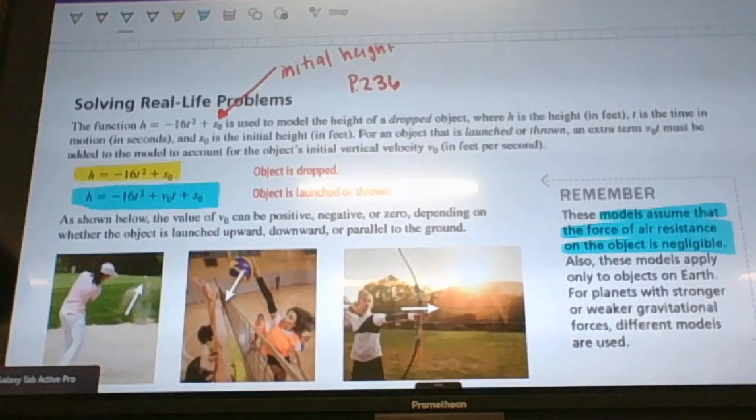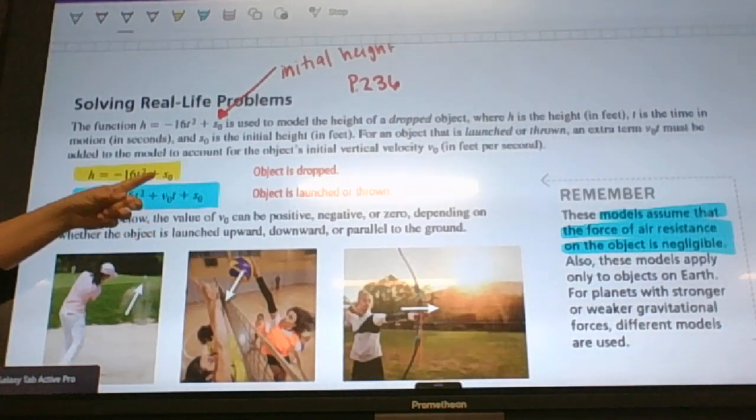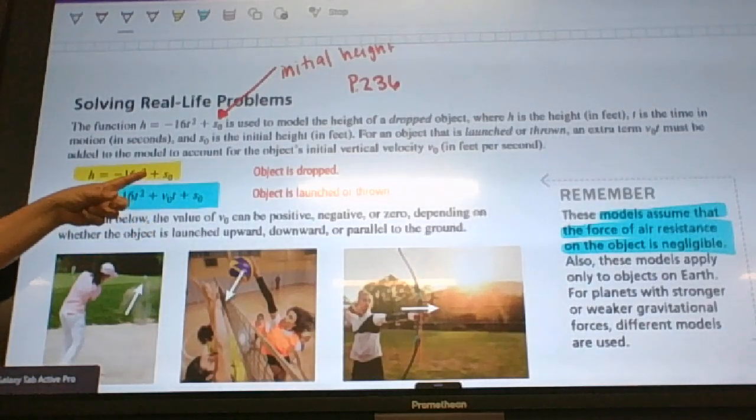That accounts for an object's initial vertical velocity, not the initial horizontal. When you drop something right here, unless I move it this way, there's no horizontal velocity. When it's launched, we're including it here. This one's dropped. No movement this way.